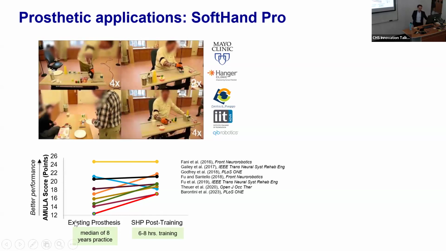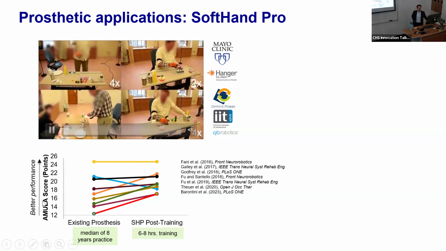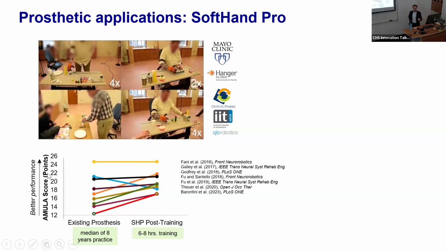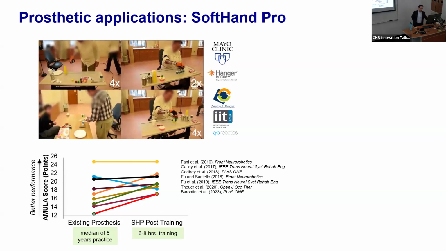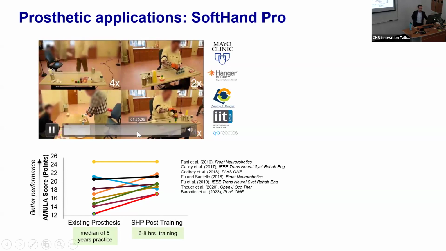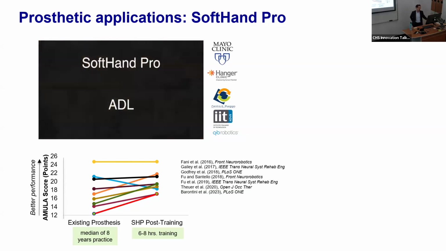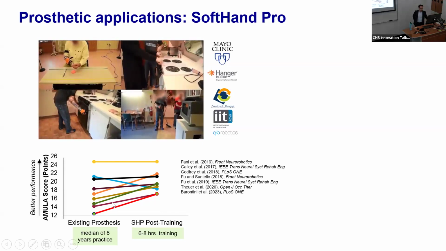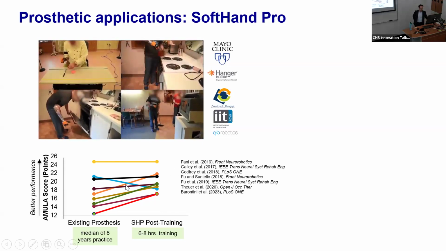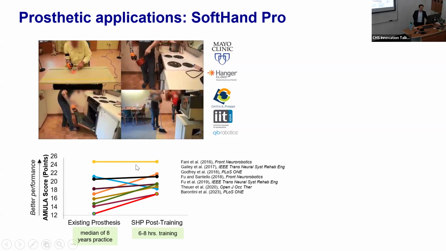And we did a very, very simple comparison, doing this AMULA test, which is a validated test of performance with prosthetics, either with the existing prosthetic system or with the Soft Hand Pro, which is the name of this prosthetic hand developed in Italy that uses the first principal component. And as you could see, the performance for a couple of subjects was the same, two or three, but most subjects improved.